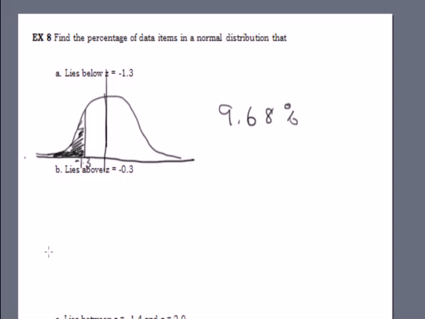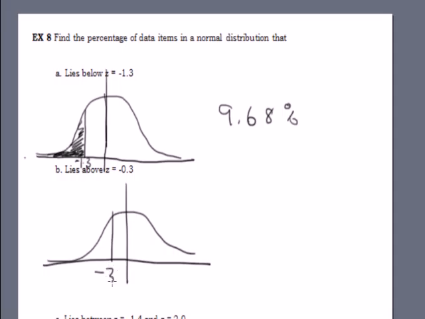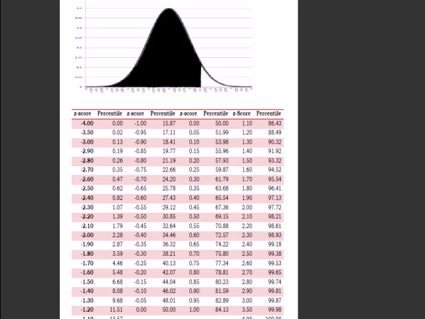In B, we're asked to find the percent of data items that lie above a z-score of negative 0.3. So I'm looking for this amount over here. I can look at the z-score table for a negative 0.3 and see that the z-score right there is 38.21.